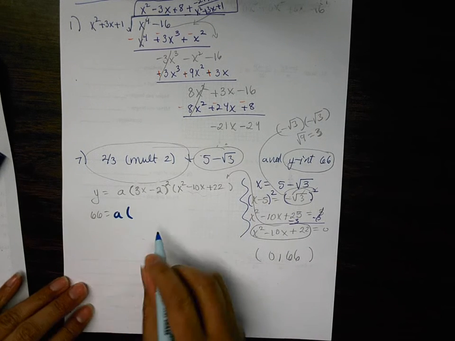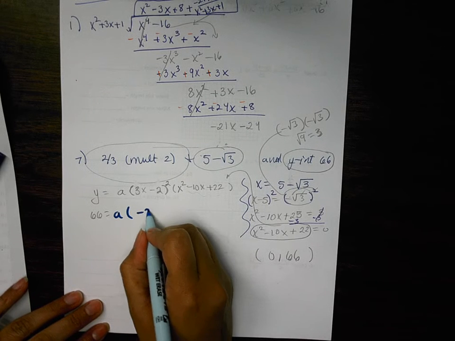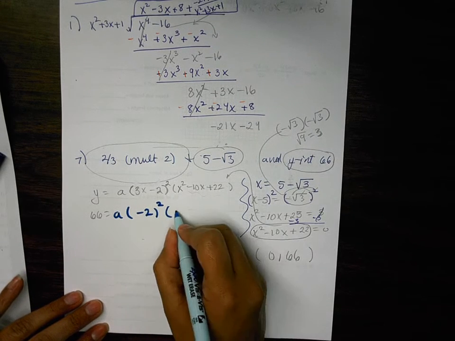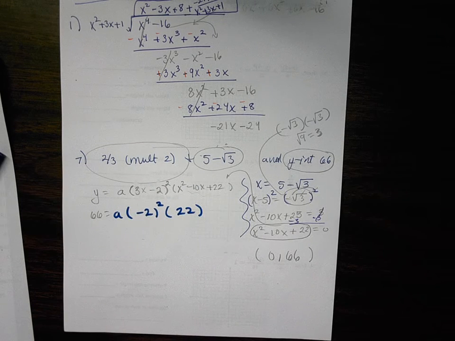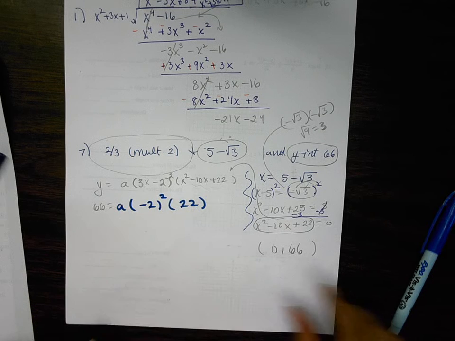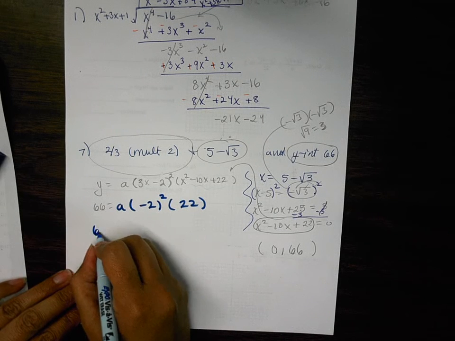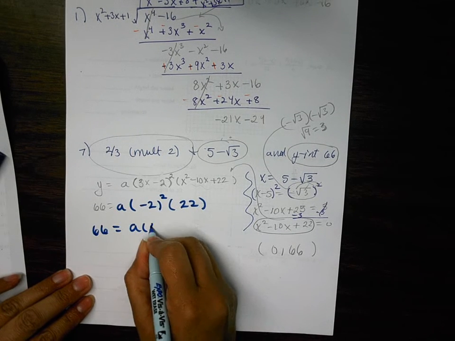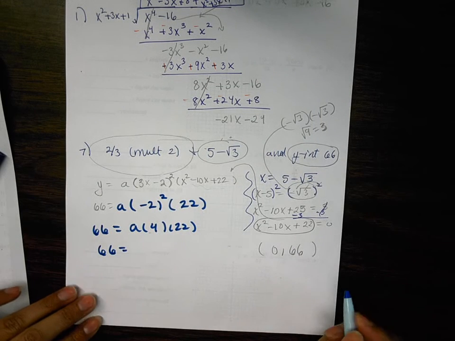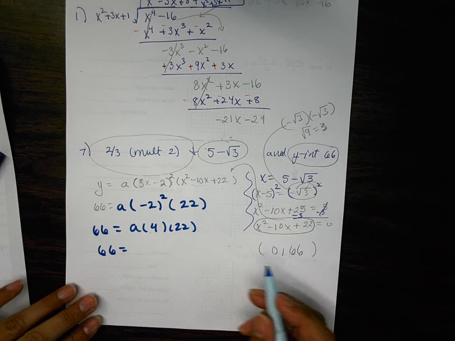All right, so we plug in what for y? And for a, I don't know a. And then 3 times 0 is 0 minus 2 squared. 0 minus 10 plus 22. Do you guys see how I got the negative 2 here and the 22 there? 66 equals a.